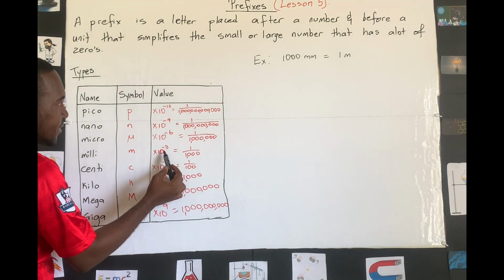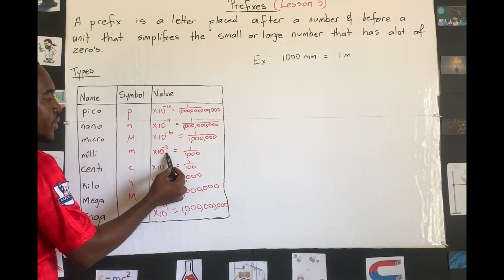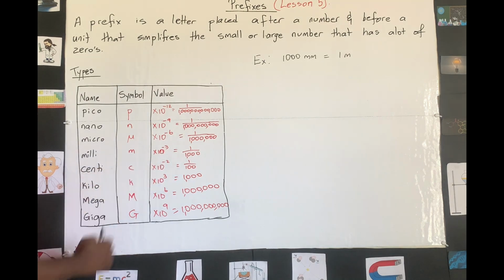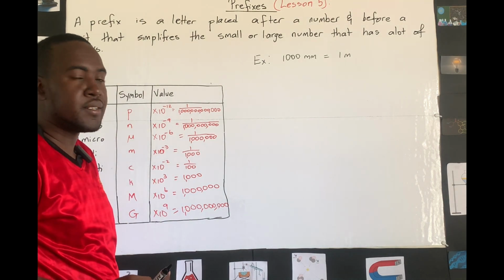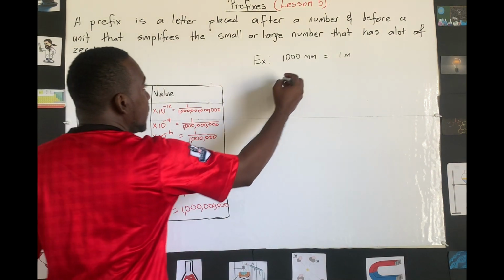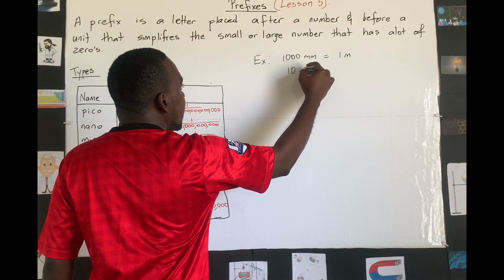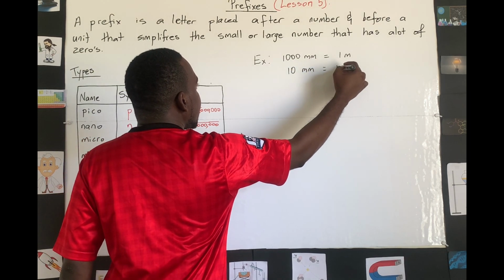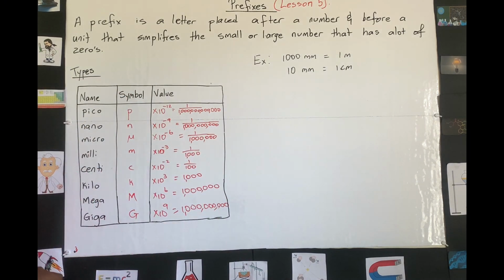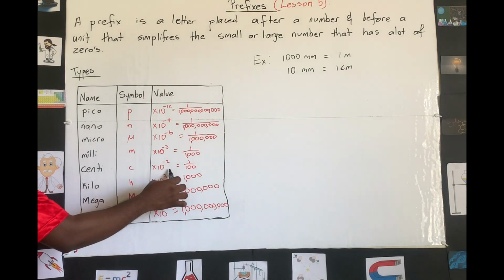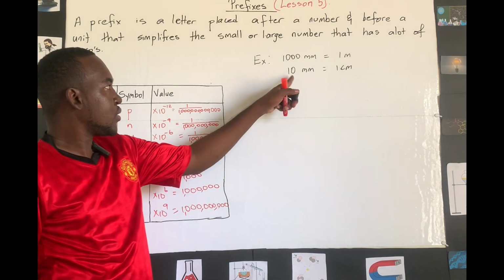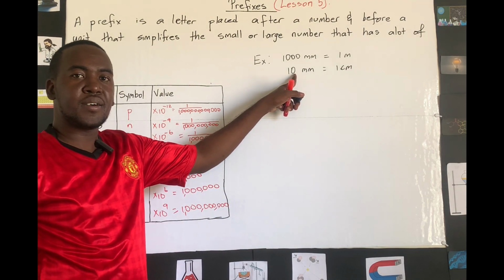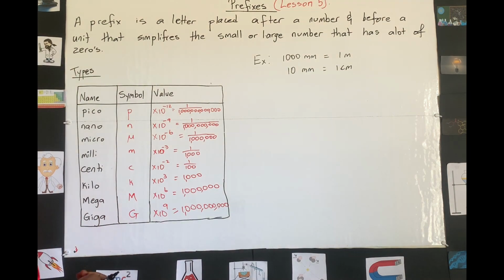That came from this, because milli has a value of 10 to the negative 3. And we know that 10 millimeters equal 1 centimeter. How did we know that? Because the difference between centi and milli is just by 1, so 1, 0. Alright, so that's where this principle came from.